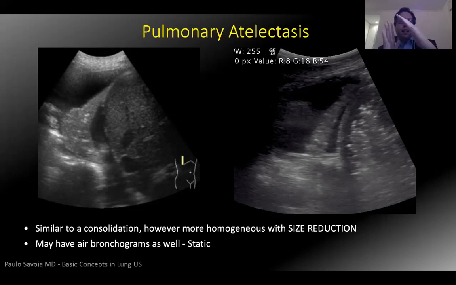However, it comes with size reduction. Okay, you can see kind of a collapsed image, just like in these two cases. Okay, so this is an atelectasis. This is an atelectasis. It comes with size reduction. You can see air bronchograms inside, but they are usually static. They do not move as in the consolidation.